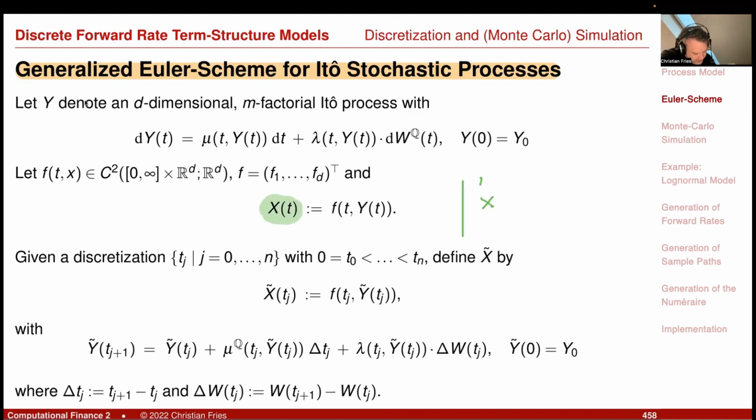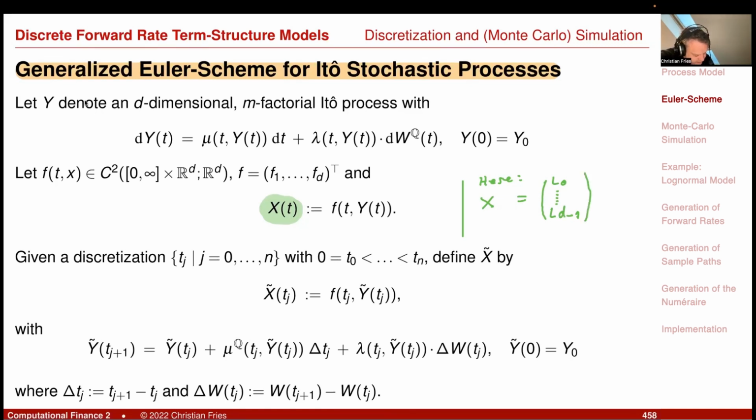So x would here be the vector of our forward rates. So this is the vector L0 to Ln minus 1. We previously used n for the number of periods, but now, since we also have this time discretization for the simulation time, I have to be a little bit more precise with my indices so that they are not so confusing. So let's use maybe the letter D for the number of discretizations on the interest rate curve.